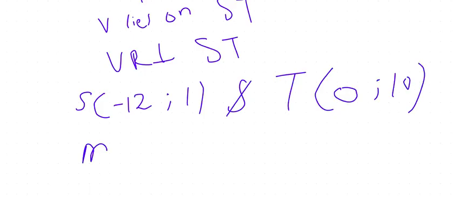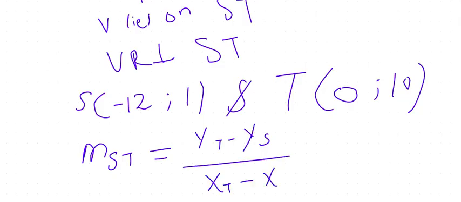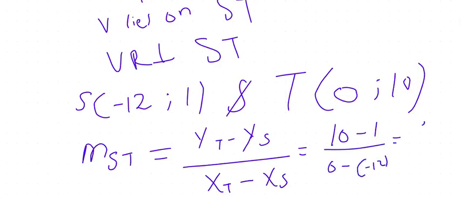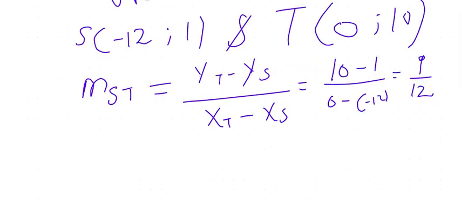You can write it as (yT minus yS) divided by (xT minus xS). I'm putting the values: 10 minus 1 over 0 minus minus 12. We get 9 by 12, so the gradient of ST, which is mST, is 3 by 4.